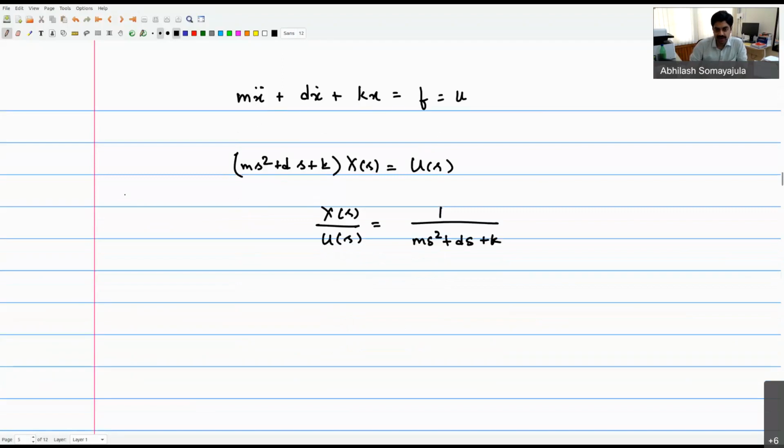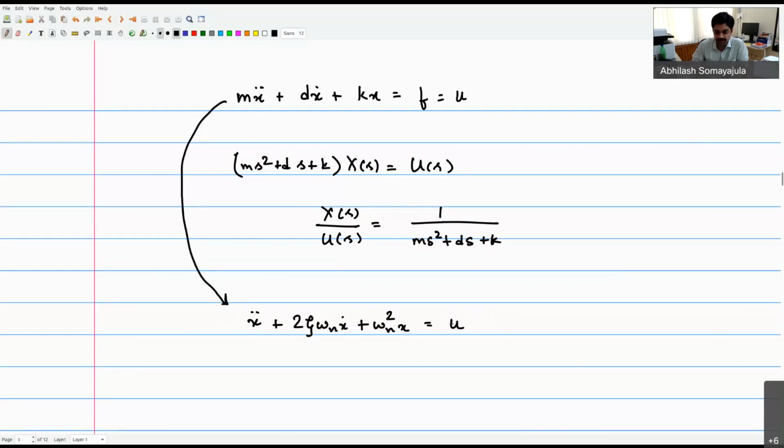A typical way to write down the system is in what we call a standardized form. We can write this equation of motion in a standardized form, which is x double dot plus 2 times zeta omega n x dot plus omega n square x is equal to some control input u.